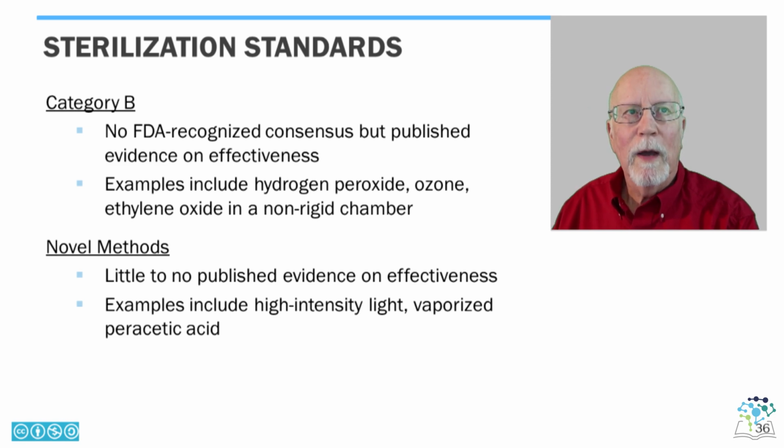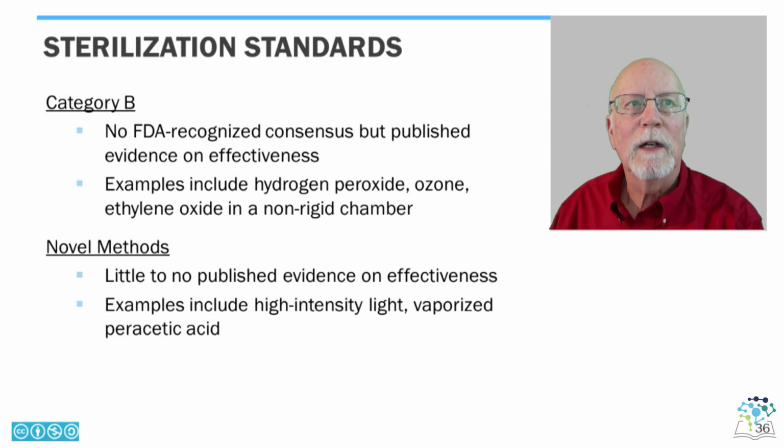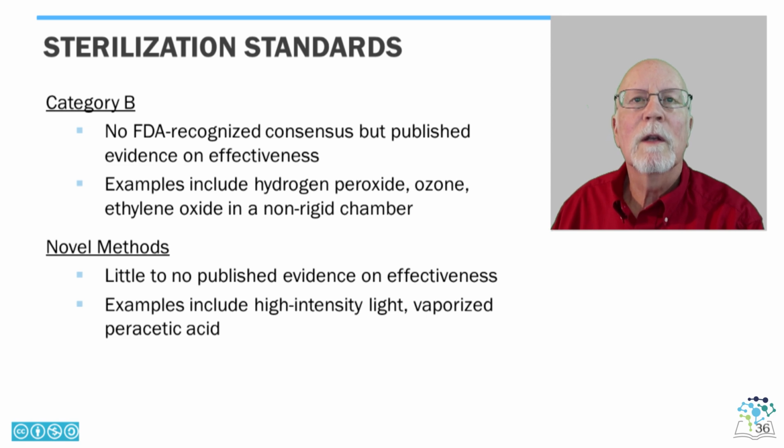Finally, there are novel methods with little to no published evidence on effectiveness. Examples include high-intensity light and vaporized peracetic acid. These also require special care and justification for use and good communication with the regulatory body to assure that the qualifications and claims for sterility in the submission package are met.